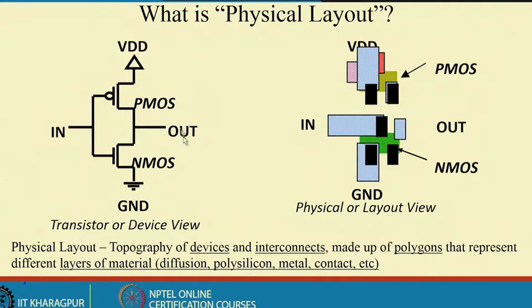Suppose this is the transistor level schematic of one inverter, and this is the physical description of that particular inverter. Here this part is related to PMOS and this part is related to NMOS, and there is a connection common between these gates, and for the output there is a common source, and from there comes the output.